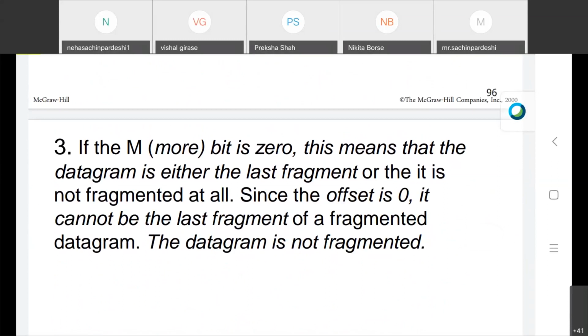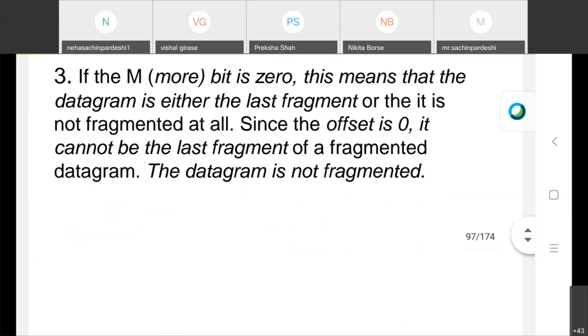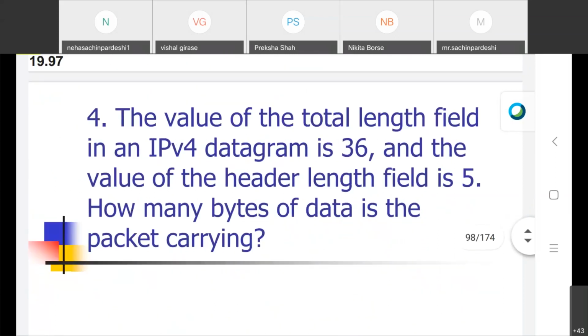Okay, so the problem is a little bit confusing. M equal to 0 means this is the last fragment, but the offset value is 0, which means this is a first fragment. So actually, this is the first fragment, not the last fragment, because the offset value is 0, or the datagram is not fragmented. Okay, the next problem.